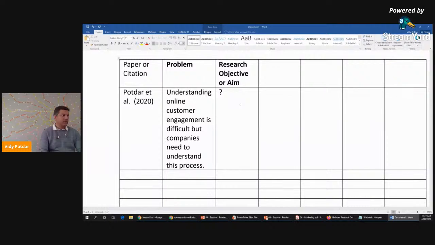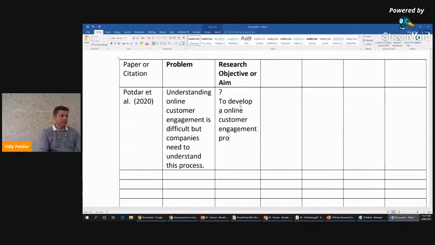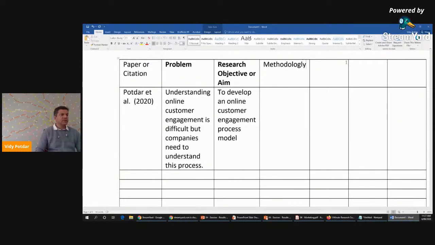The research objective could be to develop or to... okay, so this could be the objective of this paper. Basically, if you think about this, these are the headings that you would have in a structured abstract.